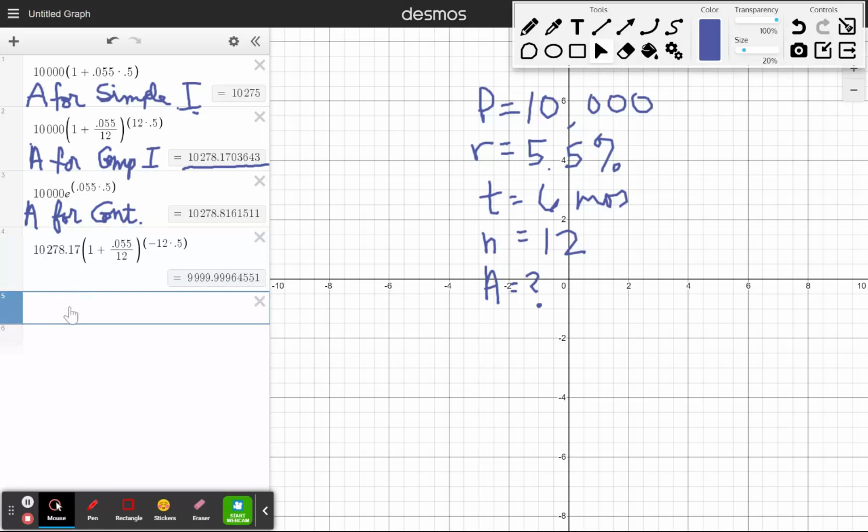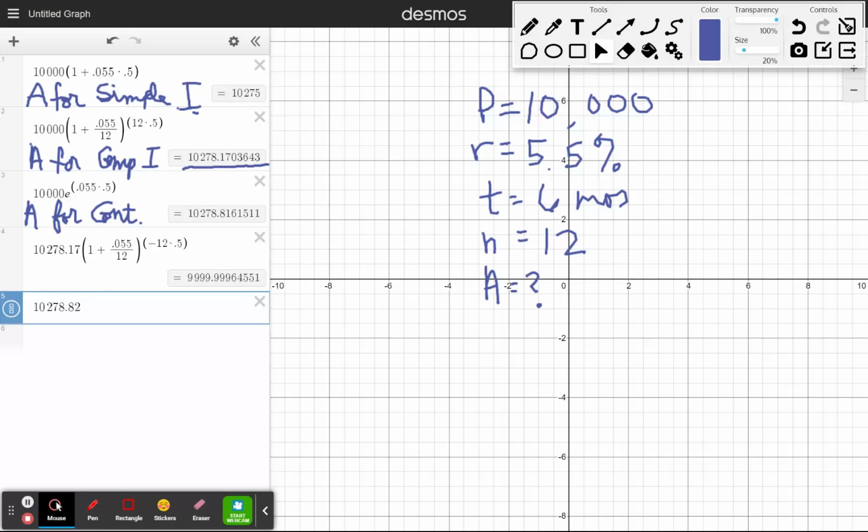Now for number 5, again, we're going to be finding the present value, but we're going to use the A that we solved for in part 3, because this one is also going to be using continuous compounding. So we'll put in our A value, $10,278.82. I remember to take out my comma.